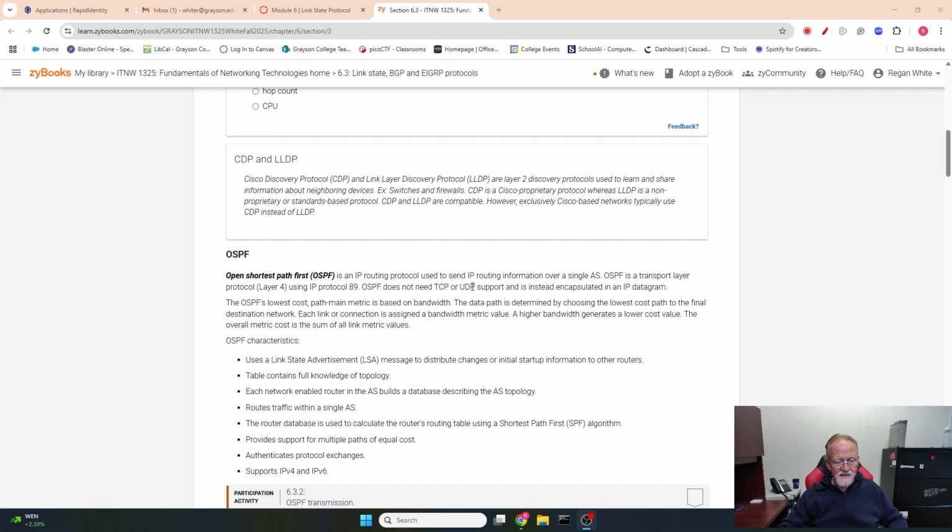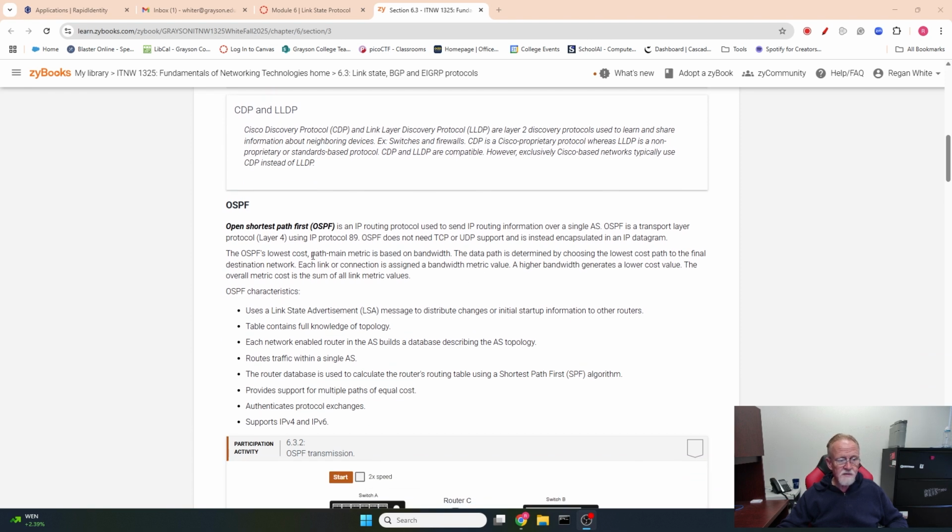It does not need TCP or UDP, which lowers the headroom and the resource requirements. Instead, it is encapsulated in the IP datagram. Basically, it uses IP packets versus TCP and UDP packets. It's low cost. It uses a lot less bandwidth than the previous protocol.